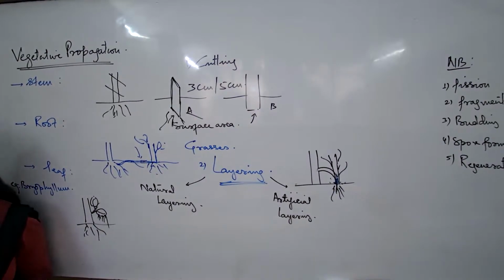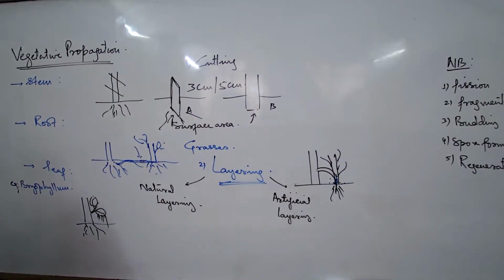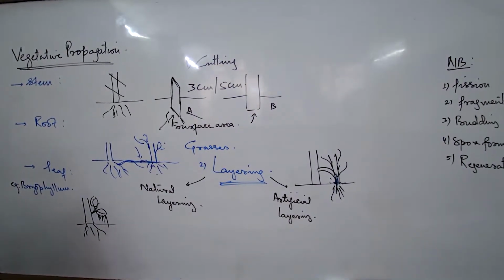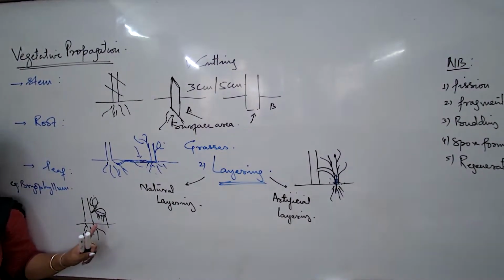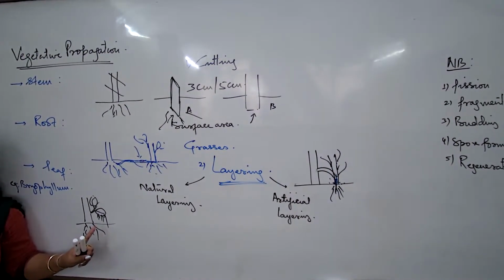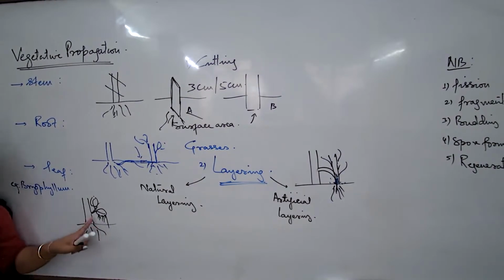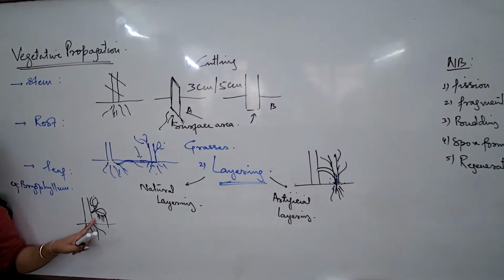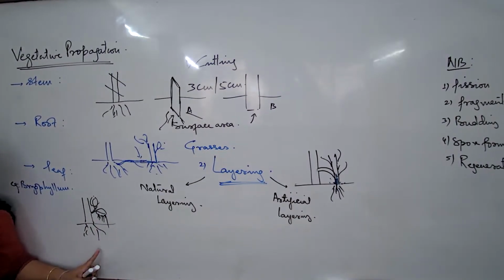So quite a number of times, on these leaves which are still attached to the parent plant, fine rootlets develop which touch the soil. After a few weeks, what will happen? This leaf will dry out, the leaf will fall, and the process of growth will again continue.